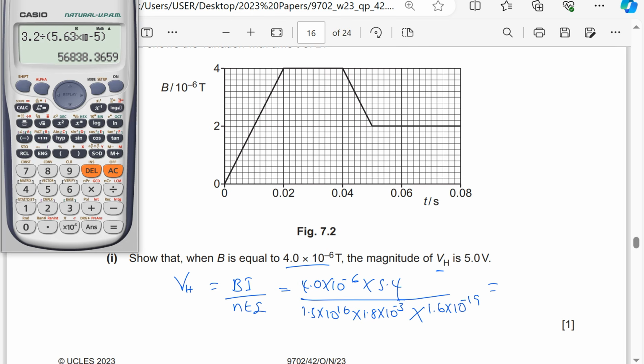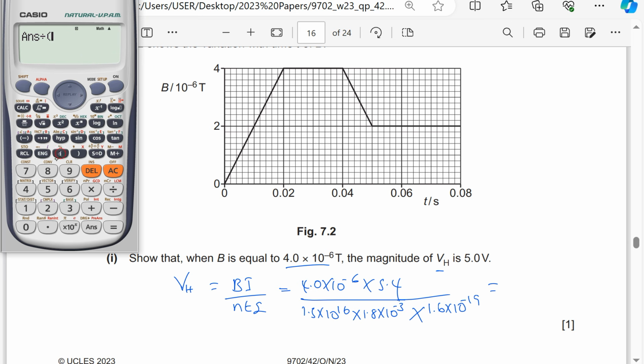Let's just check with the calculator. 4 times 5.4 exponent minus 6. I just changed the position of the power, but it's the same thing.